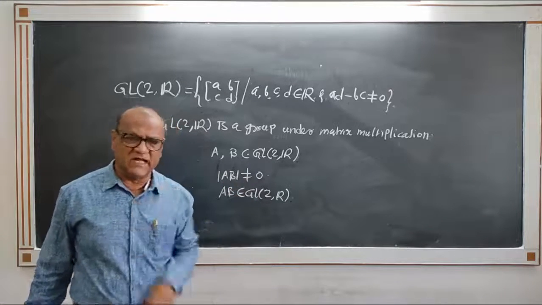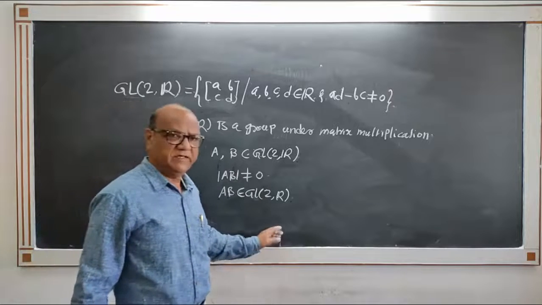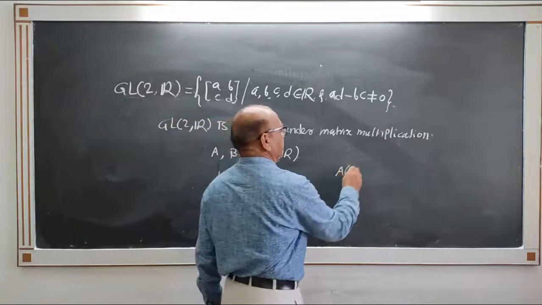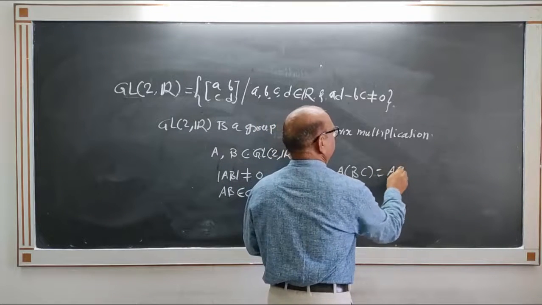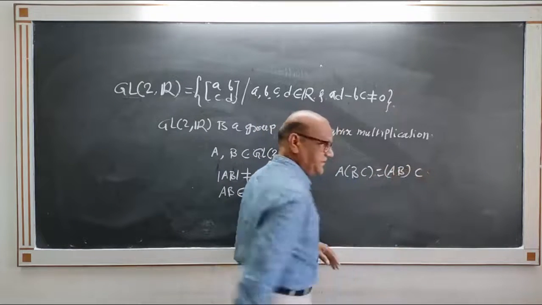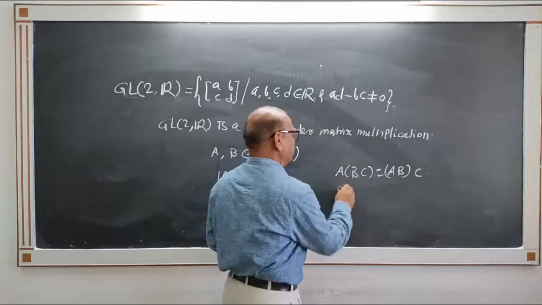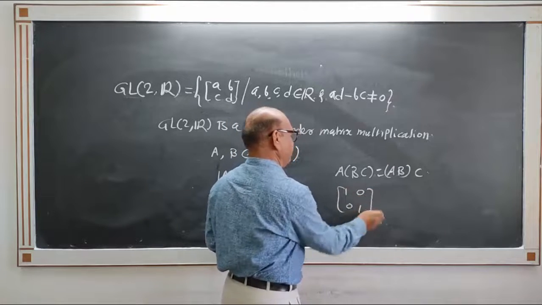Matrix multiplication is always associative. That means (ab)c is equal to a(bc). The identity matrix is 1, 0, 0, 1.